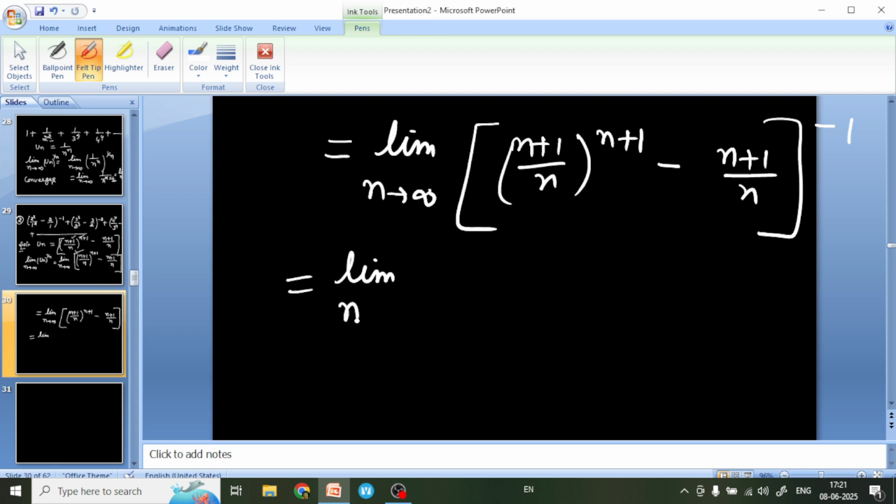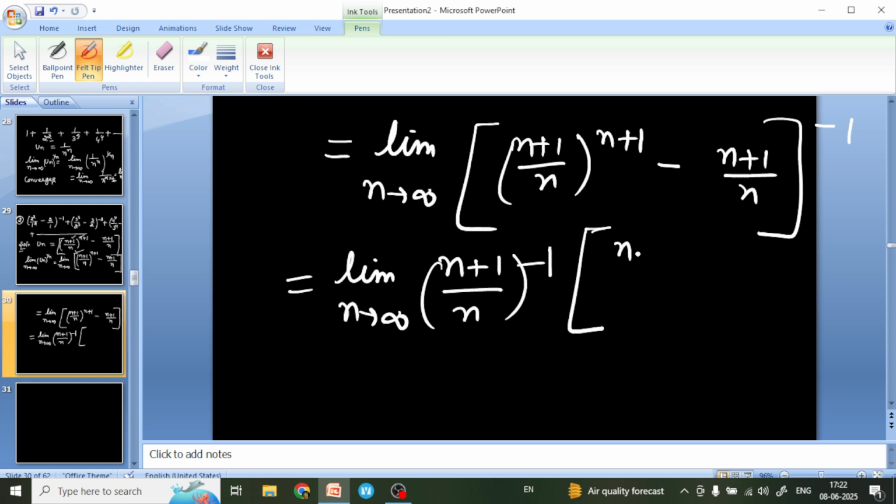Now limit n tends to infinity, take common (n plus 1 over n) whole power minus 1. Taking the common value, n plus 1 over n, here will remain (n minus 1) raised to power minus 1.